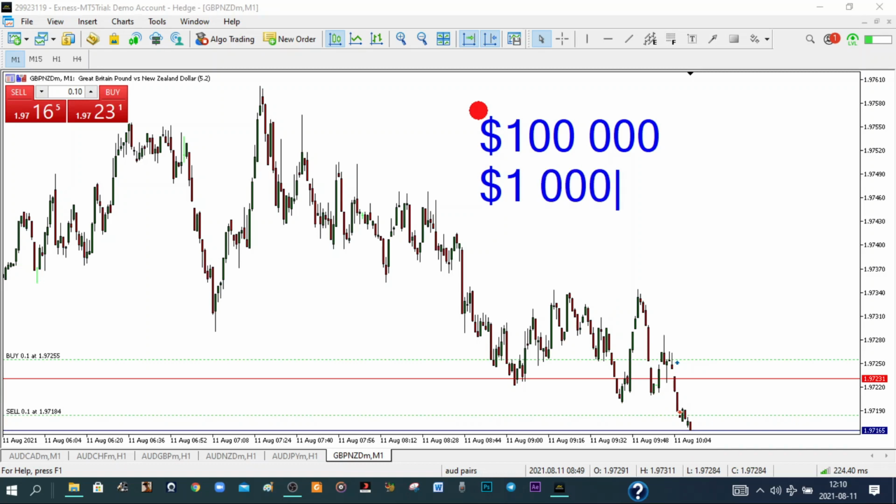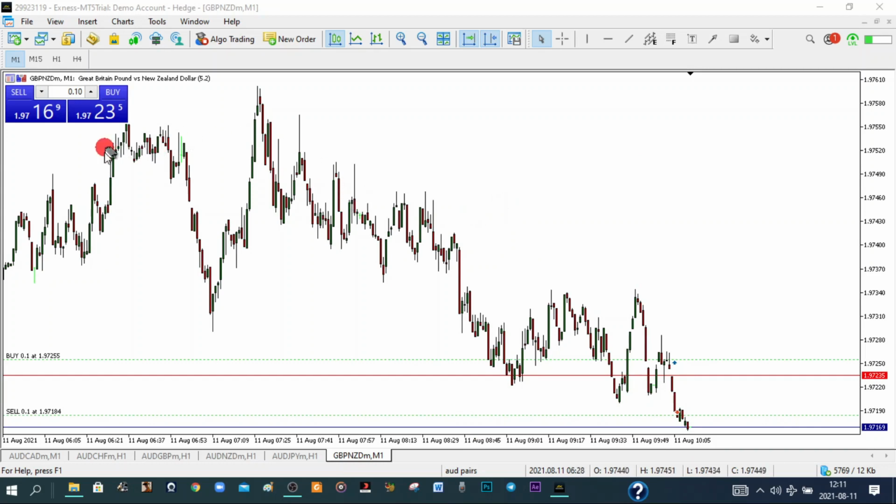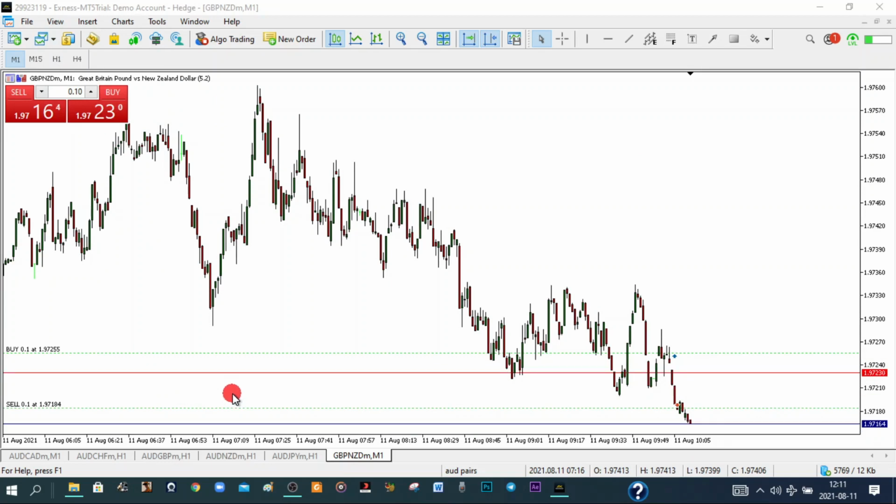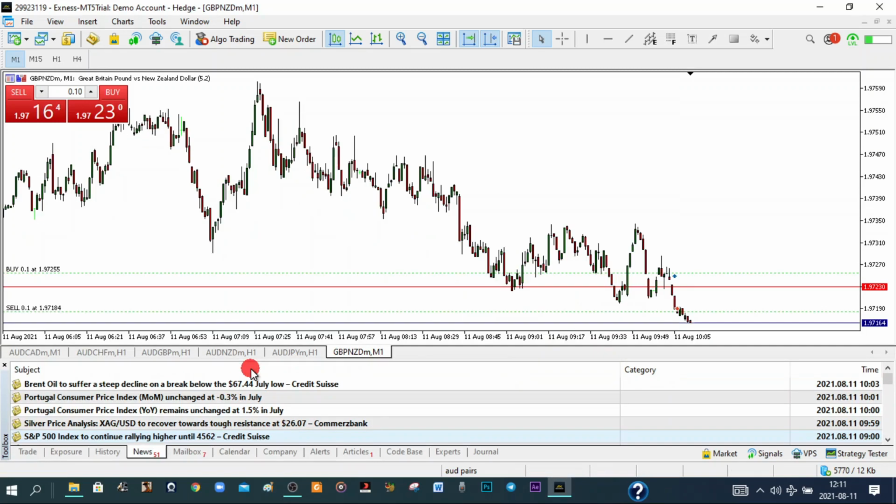Now, if I may show you what I mean using an example. I want to show you my account balance.